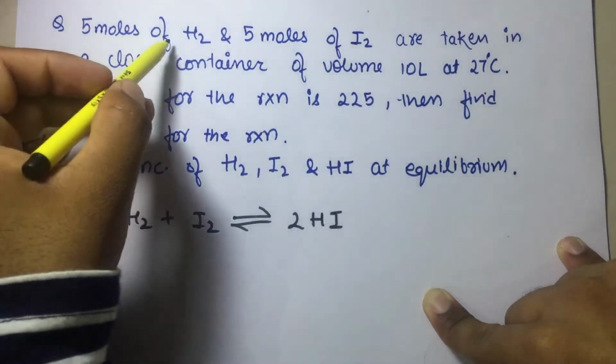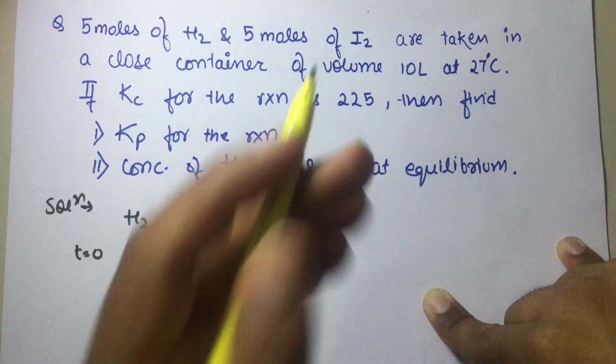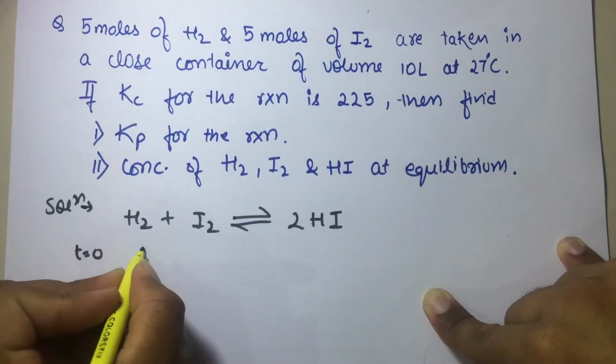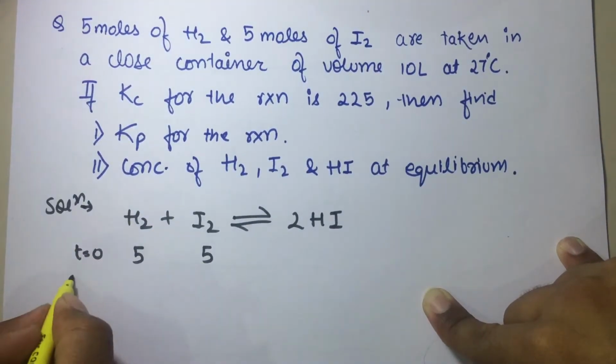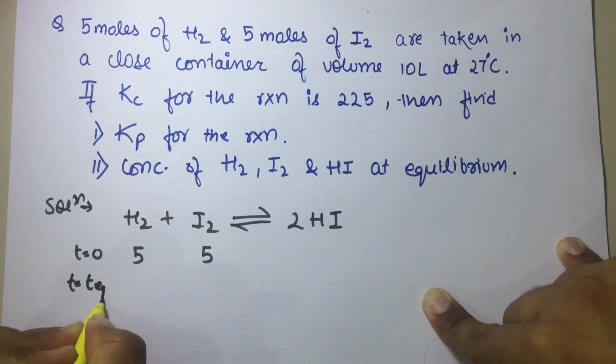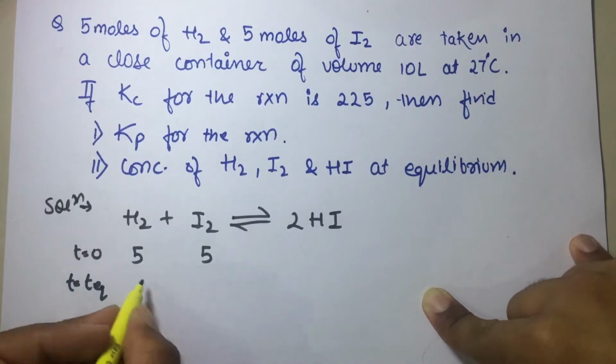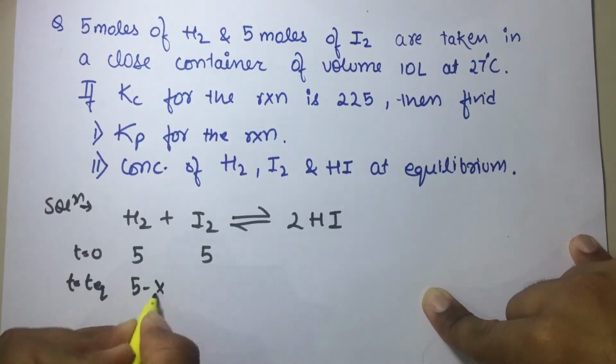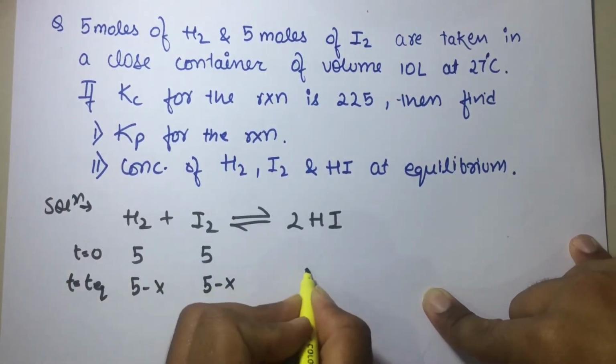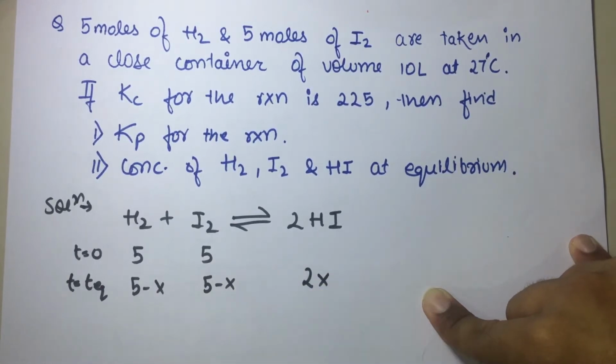Yes, 5 moles of H2 and 5 moles of I2 are initial moles. So we write here 5 moles and 5 moles. At equilibrium, at T equal to T, it will become 5 minus x, 5 minus x, and here it will become 2x.